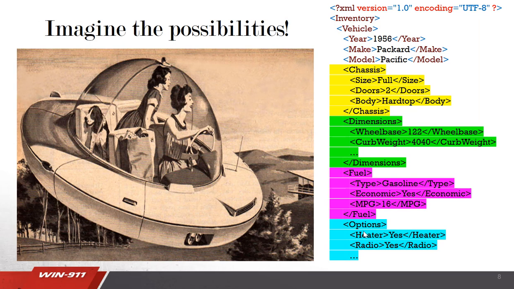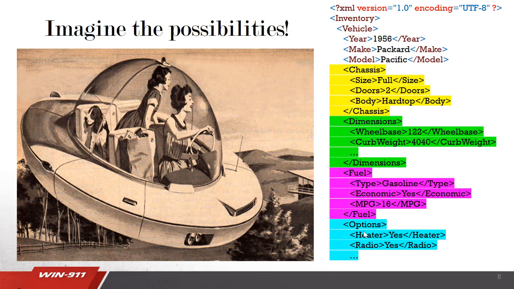But I could certainly get an object that was richer than that. And you can imagine creating a vehicle with many, many more bits of data: specifications about the chassis, about the dimensions of the vehicle, about the fuel type. And all of that information may be relevant for other particular purposes.